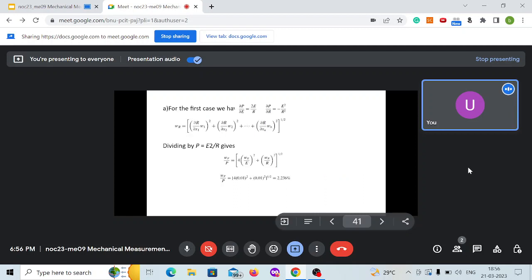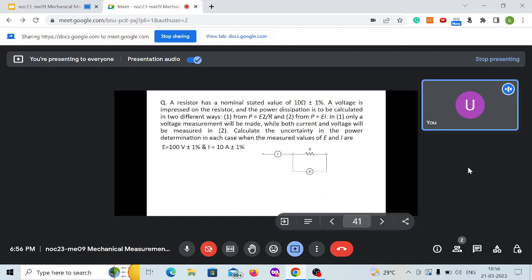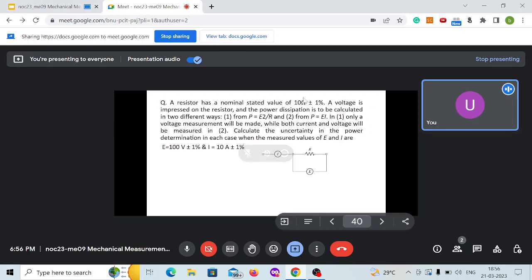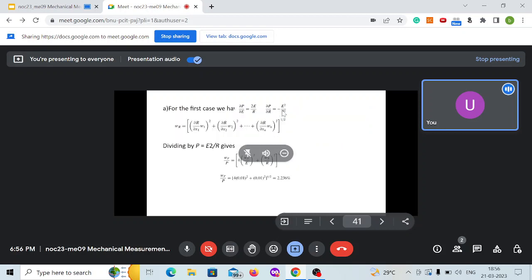So there is a difference when you calculate with the different power relation, because the instruments used to measure are different. Here both current and voltage are used, and here E square is there. So that is making a significant difference in the uncertainty.